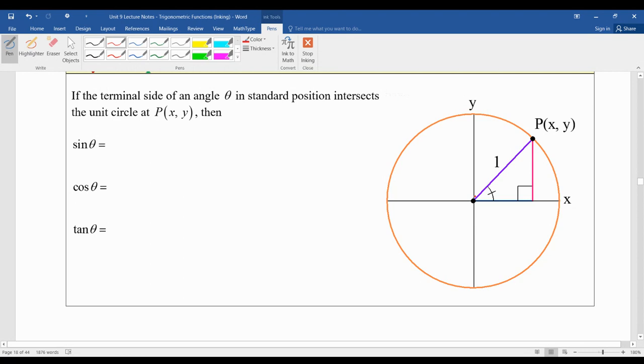As you see, the center is at the origin. The radius is 1. Now, this side of the right triangle is the adjacent, so it's x, and this is the opposite to this angle, which is y, and this is angle theta.